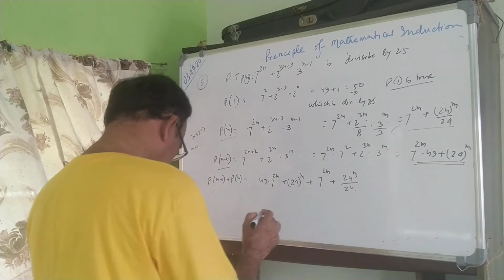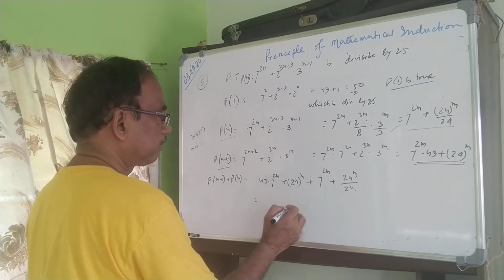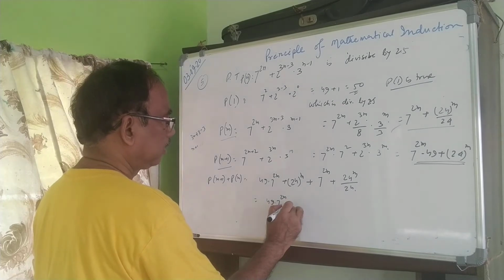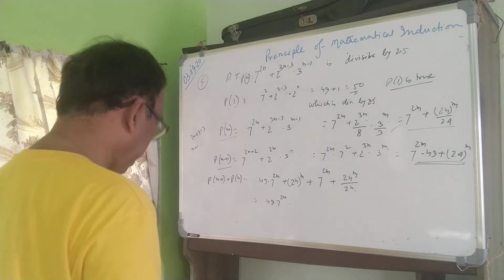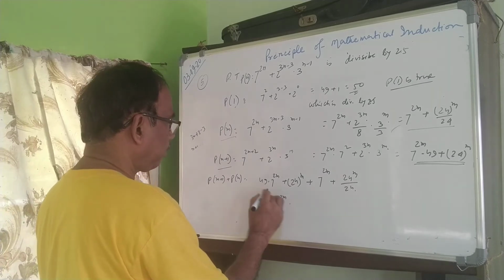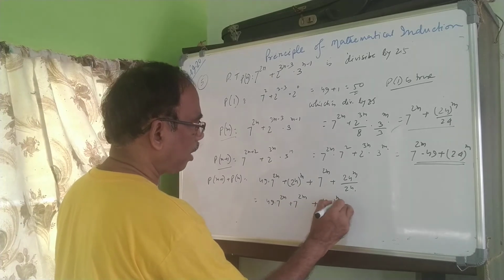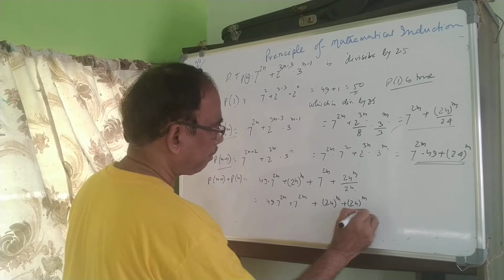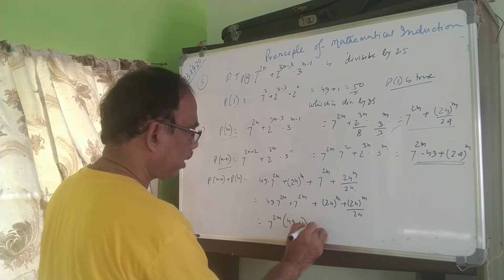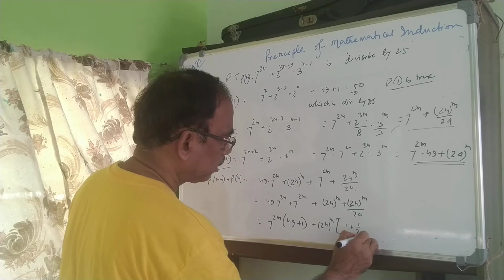Then we can take this plus this. 49 into 7^(2n), 7^(2n), if we take common, 49 plus 1, and 24^n is common, 1 plus 1 by 24.